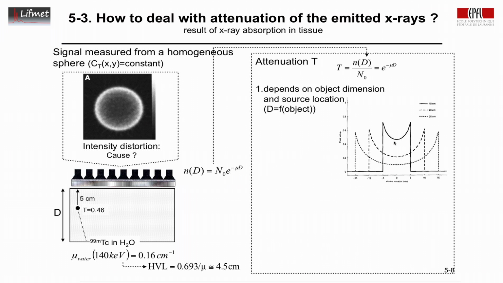And we look at the activity detected here at the center of the object. It is decreasing with increasing object size, because the further away we are at the center from the surface, the longer is the distance the X-ray has to travel through the object, and so the less likely we are to detect an X-ray.